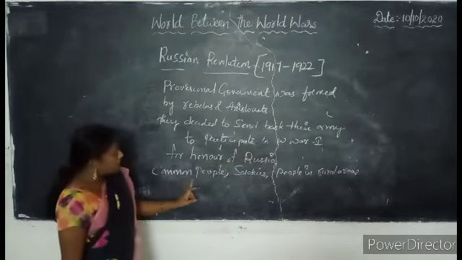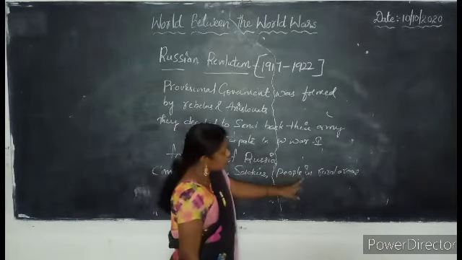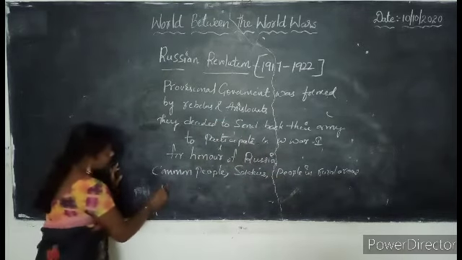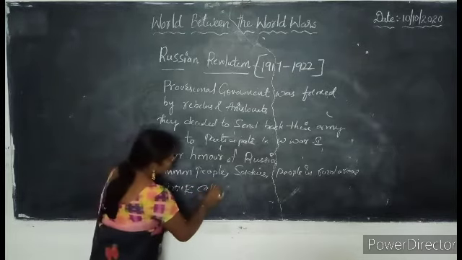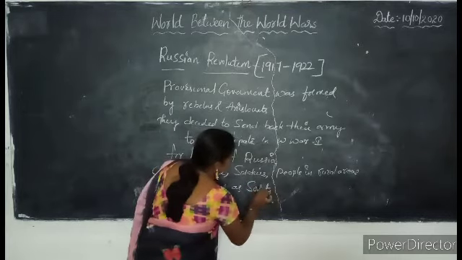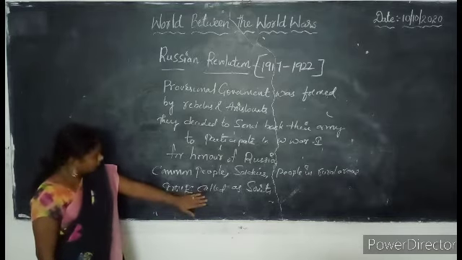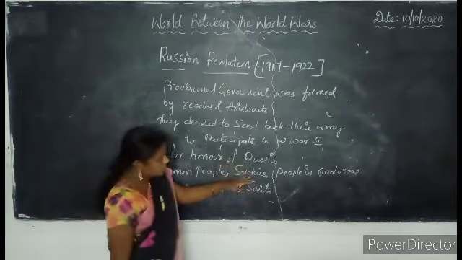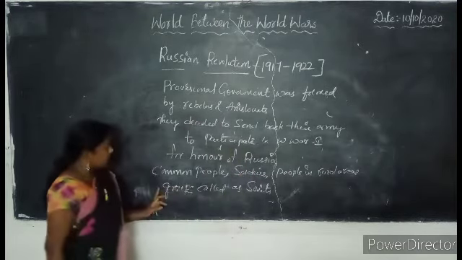So these, the common people in the society, the soldiers of Russia and the people in rural areas, joined as a group called Soviets. A Soviet is nothing but a group of people. So people means who? The common people in the society, the soldiers of Russia, people in the rural areas formed together as a group.